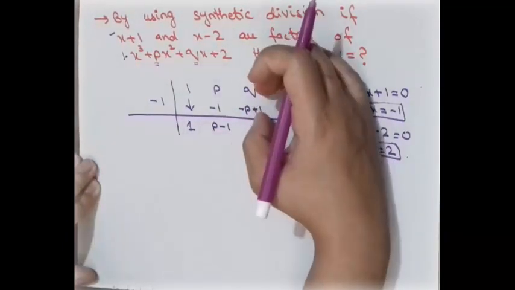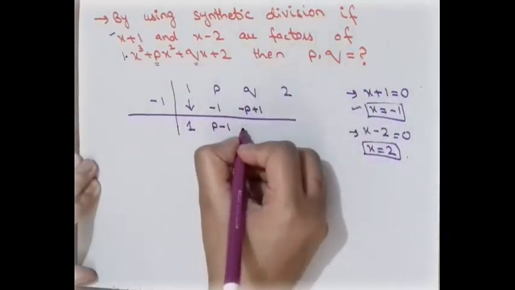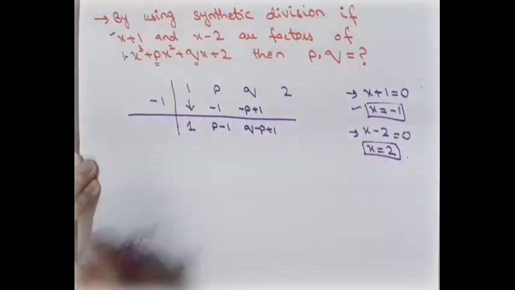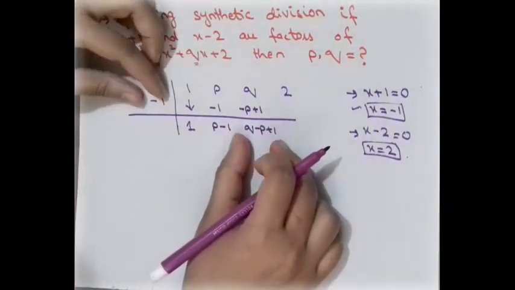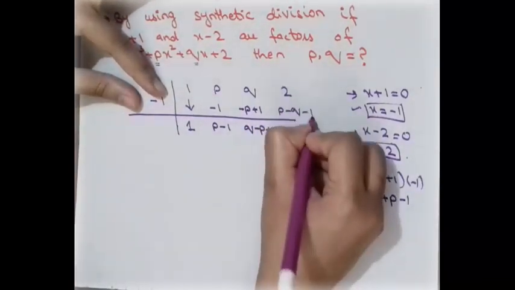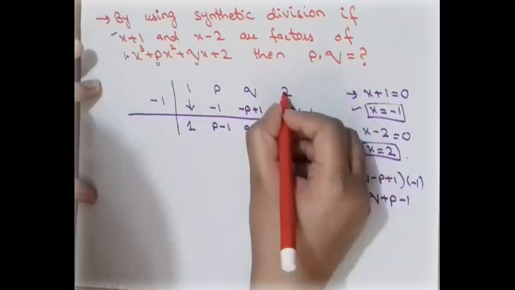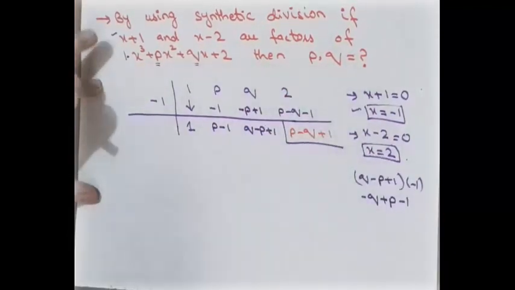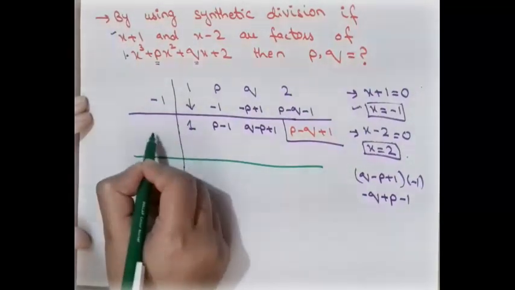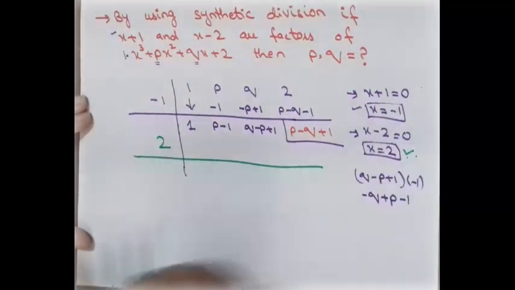If we add these two numbers, we get q minus p plus 1. Again, here is a number, multiply it with the divisor to get p minus q and minus 1, so p minus q plus 1. Then take synthetic division again by positive 2.